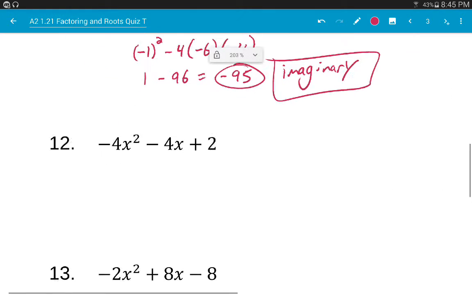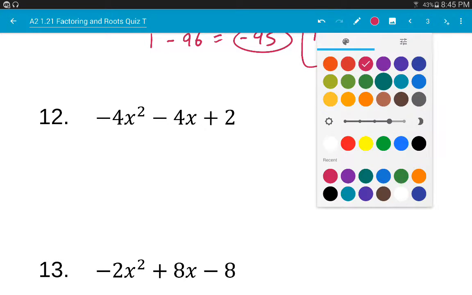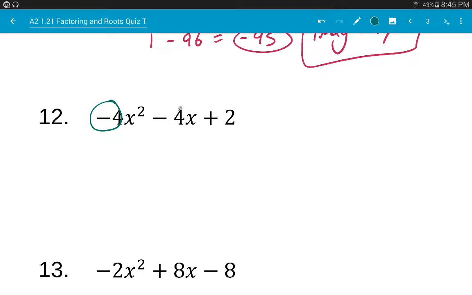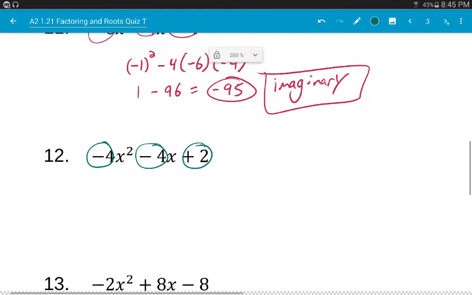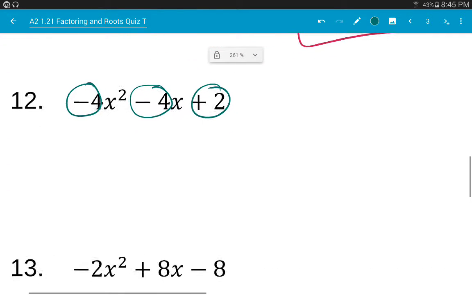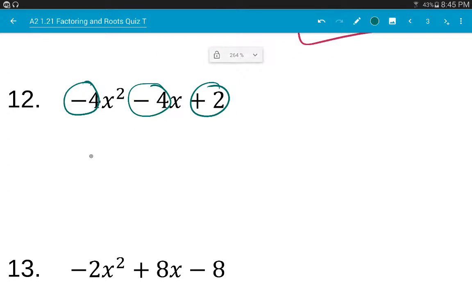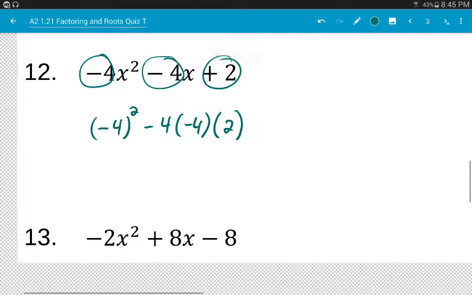For the second one, same thing, b squared minus 4ac. So a, b, c. Just making sure I didn't make any algebraic mistakes to lead you the wrong way. So b squared is going to be negative 4 squared minus 4 times a, which is negative 4, times c, which is 2.